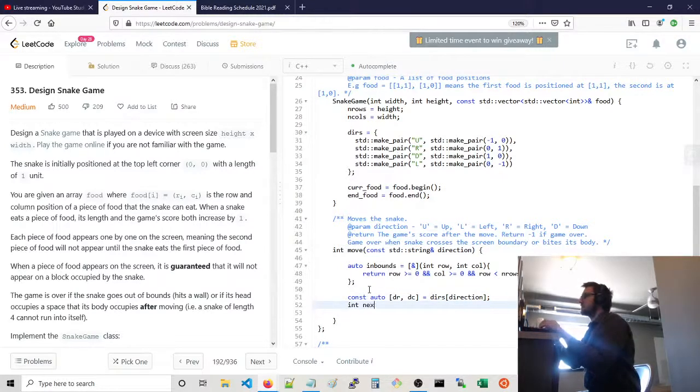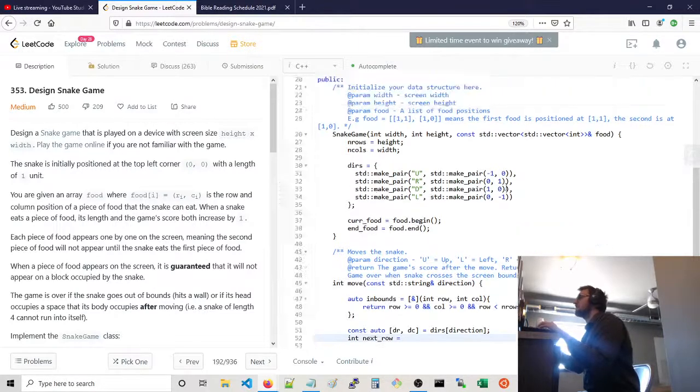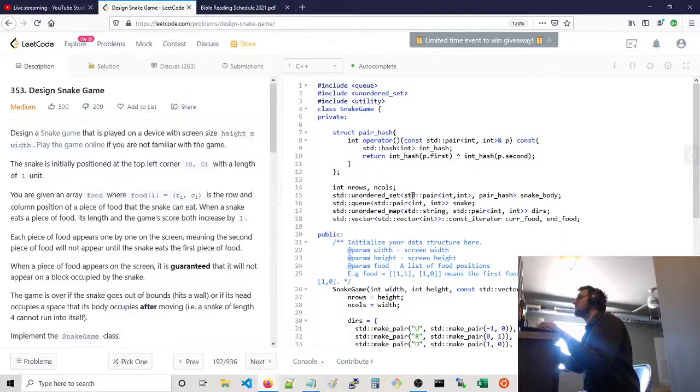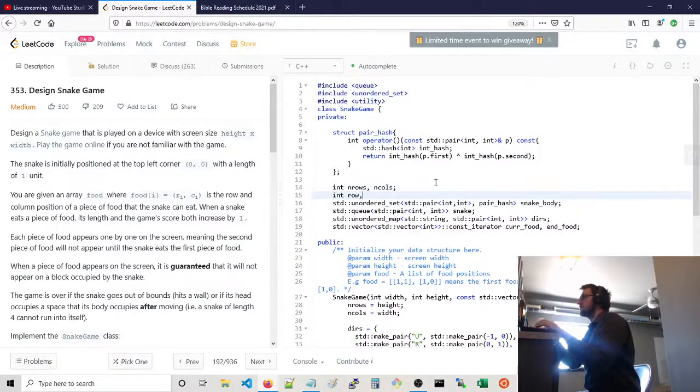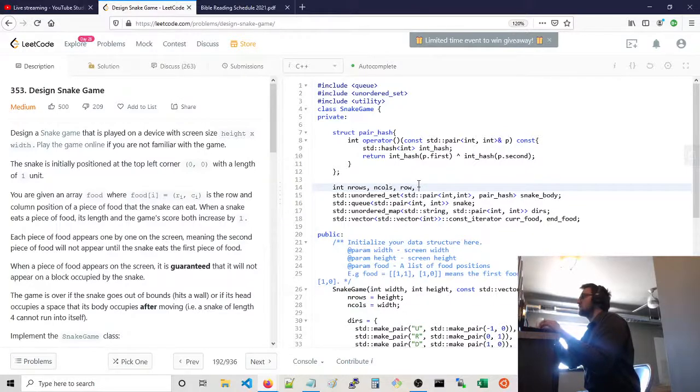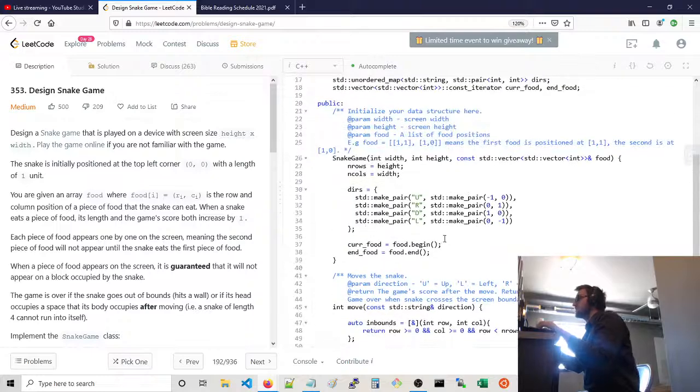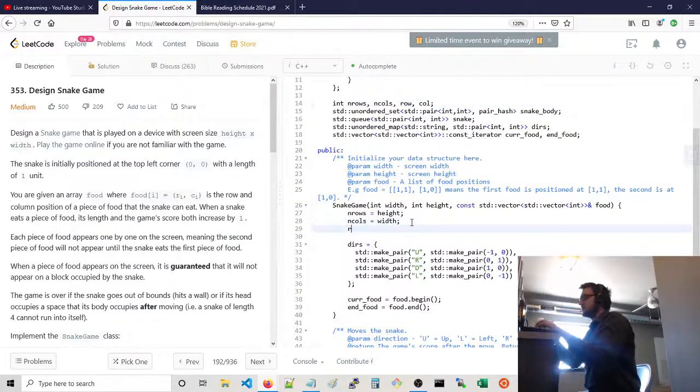We're going to say next row equals the head, row column. Initially those are set to 0.